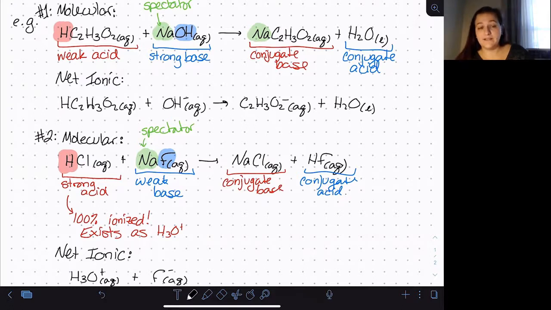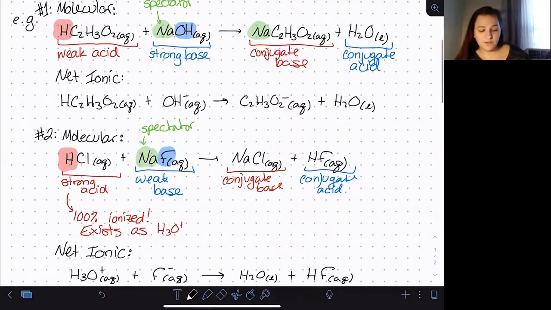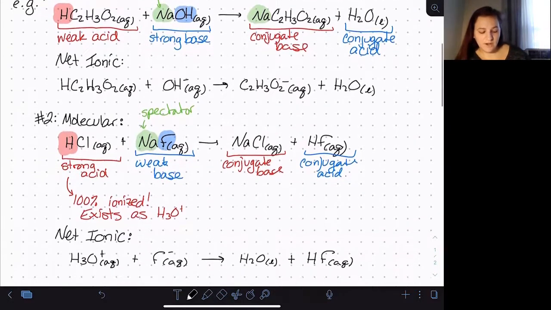So our net ionic is now hydronium reacting with fluoride. When H3O+ donates a proton, it creates water. When fluoride gains a proton, it becomes HF, which is now something that we had in common with our original reaction. So when there's a strong acid involved, net ionics can get a little bit weird for neutralization reactions just because they change so much.